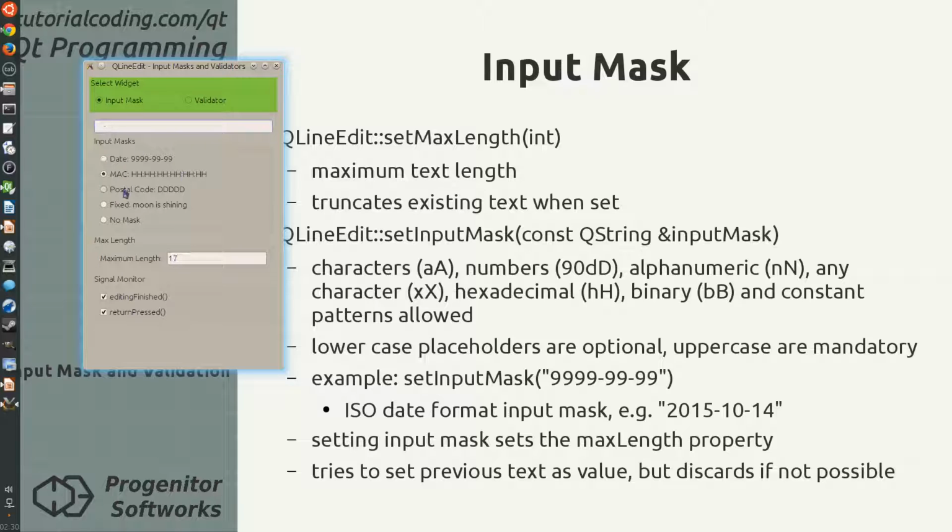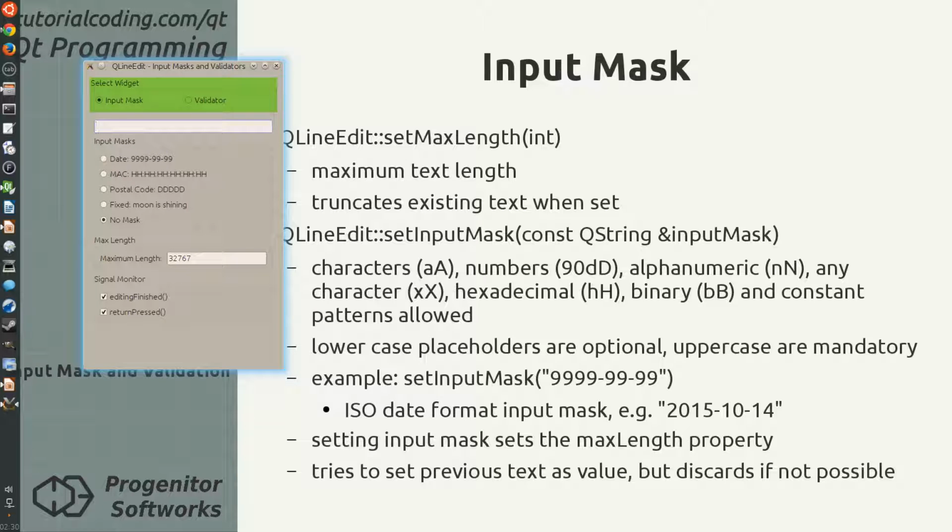Anytime I switch between the input masks, the maximum length attribute is changed. So the input masks change this value depending on what kind of pattern they have. For example, post code has 5 mandatory numbers from 0 to 9, and that means the maximum length is also 5. Removing an input mask resets the value to the default maximum length.